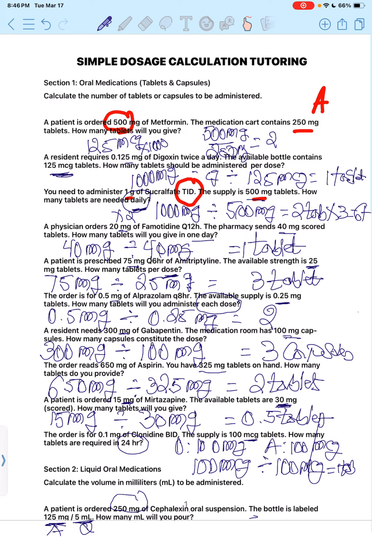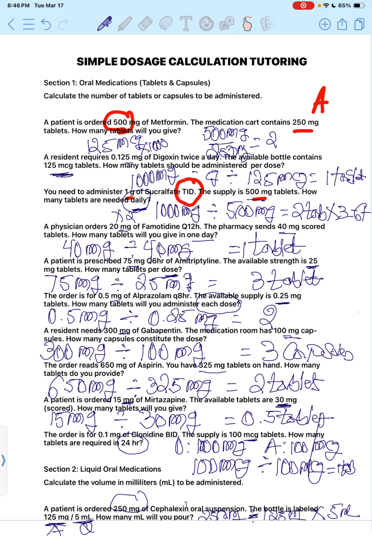So my order is milligram, my available is milligram. You want it to be the same. So you're going to do 250 milligram divided by 125 milligram, and then the answer that I get, I'm going to multiply that by 5 milliliter.